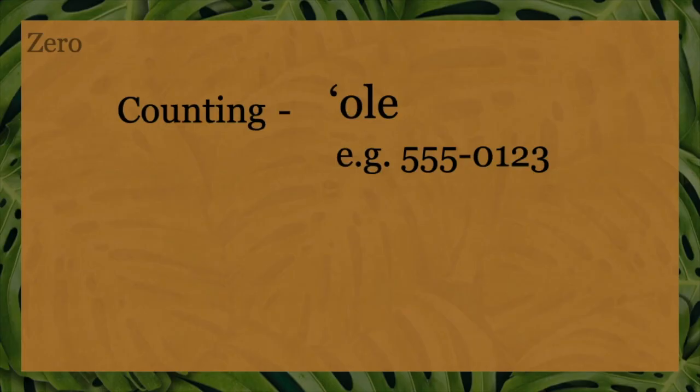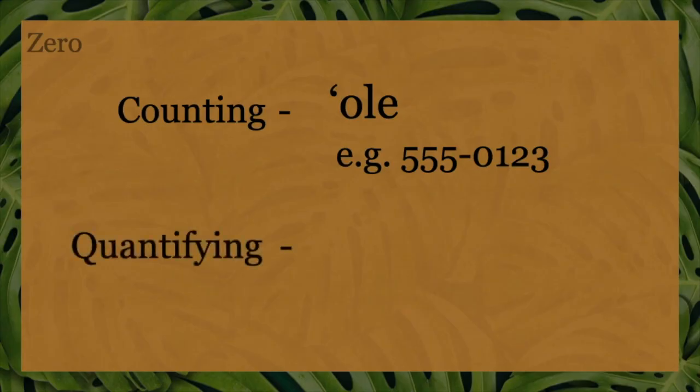You can use just the base form, and a lot of people will just use the base form. So you might say lima lima lima, ole kahi lua kolu. Or you could say e lima e lima e lima, ole e kahi e lua e kolu. There's no form of 0 with that e, it's just ole.